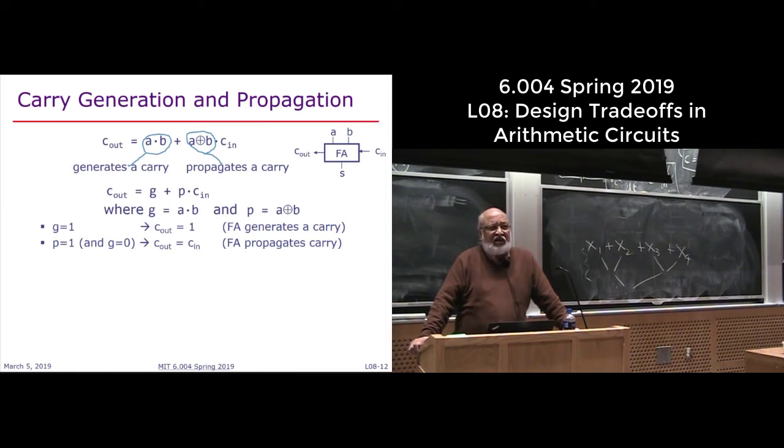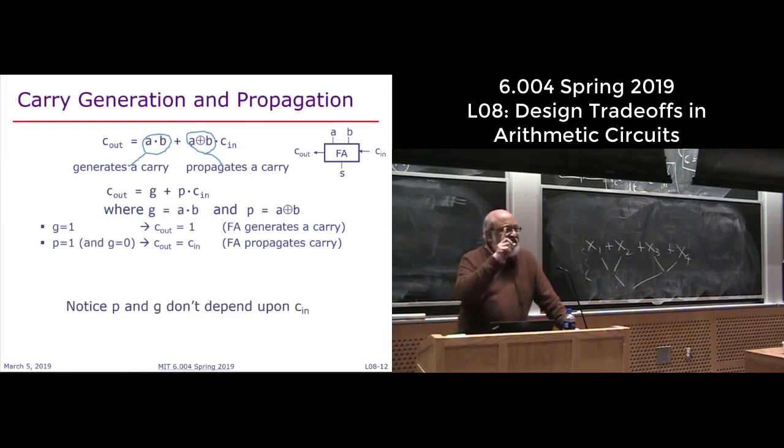Propagate, right? Generate and propagate. This is the most important thing to notice. The G signal and the P signal do not make use of the carry bit. It's giving you some hint.